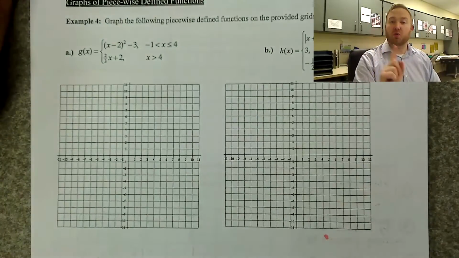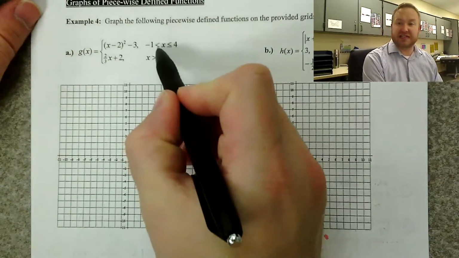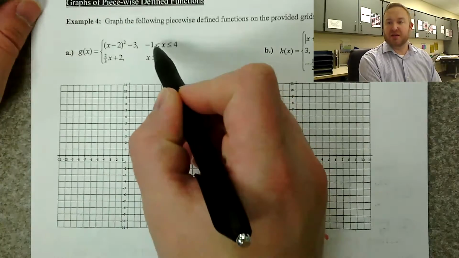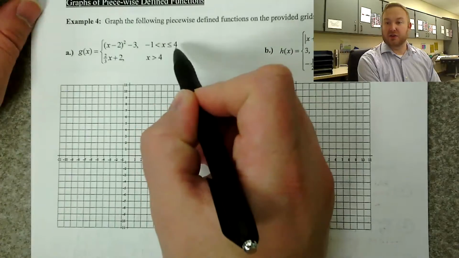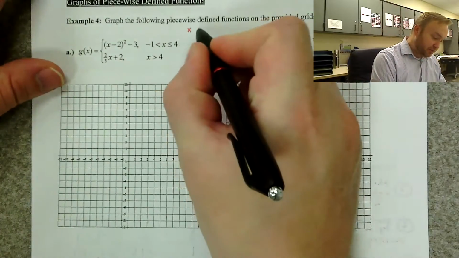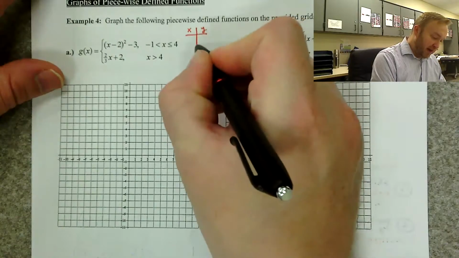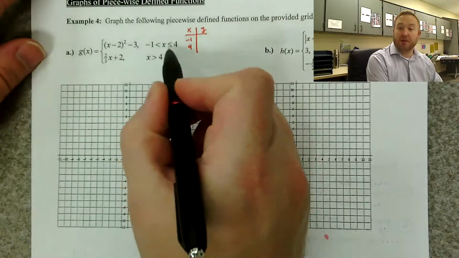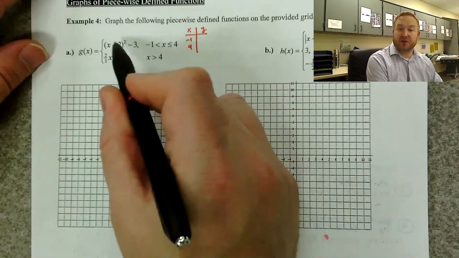And I don't want you to worry yet about whether this says equal to or not. See how this one's just less than, but this one's less than or equal to. So the -1 is not included, but the 4 is. I don't want you to worry about that just yet. We'll worry about that in a minute when we do the graph, but we're just going to plug in -1 and 4. We're going to plug both of those into this first piece here.